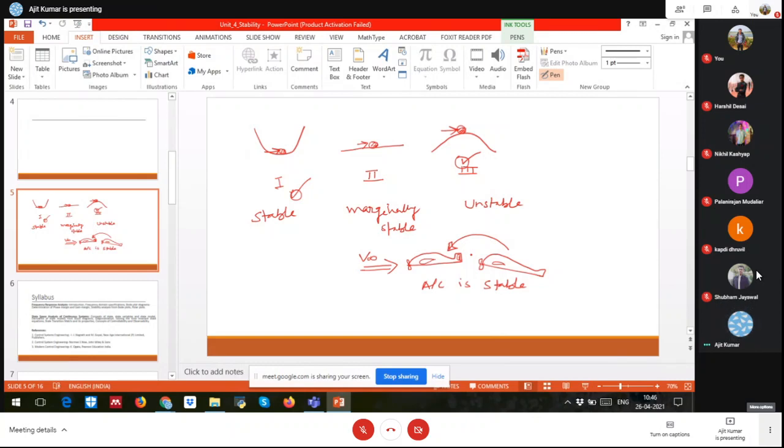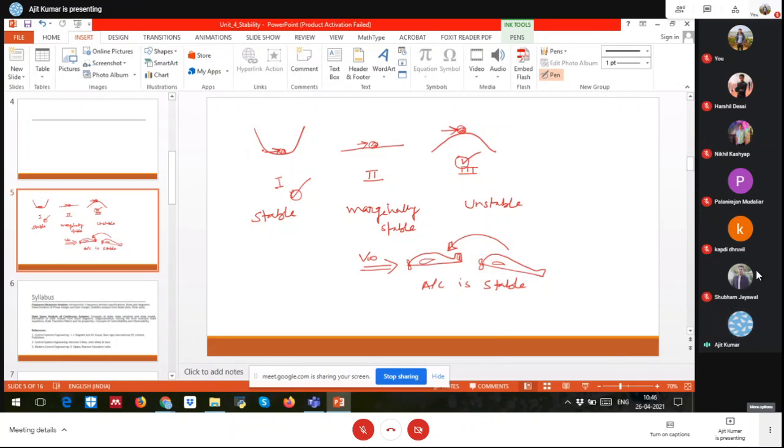So we have many different connotations for stability. We have static stability, dynamic stability, and neutral stability. To understand that: for any system, if it has a tendency to regain the initial position after perturbation, then it is known as statically stable.